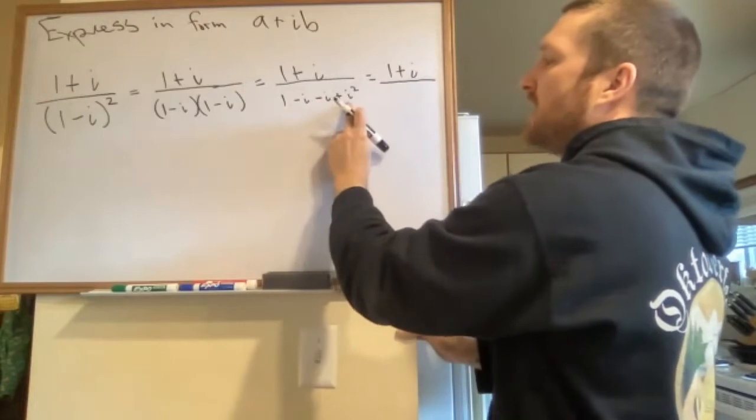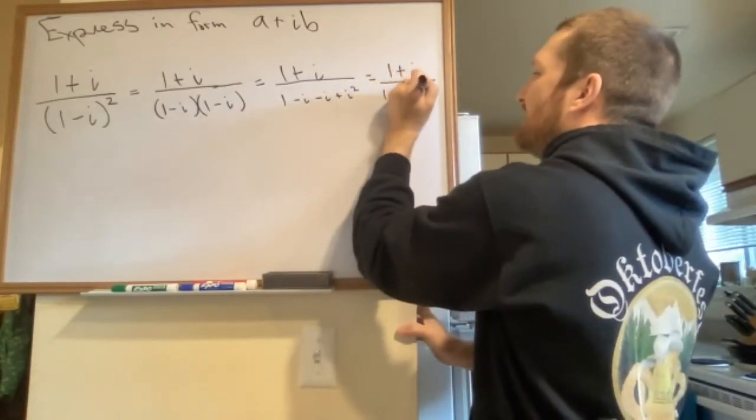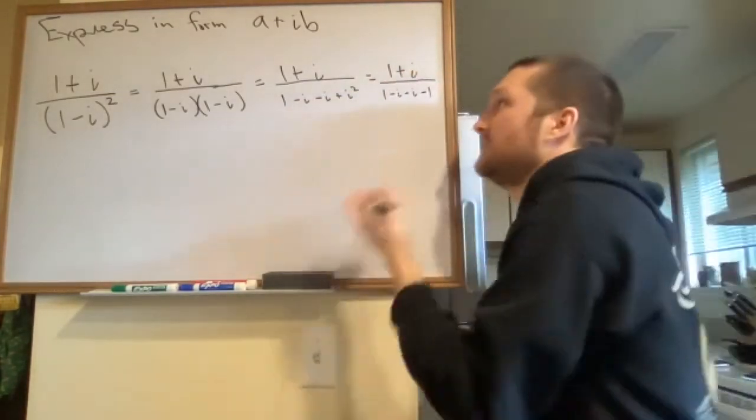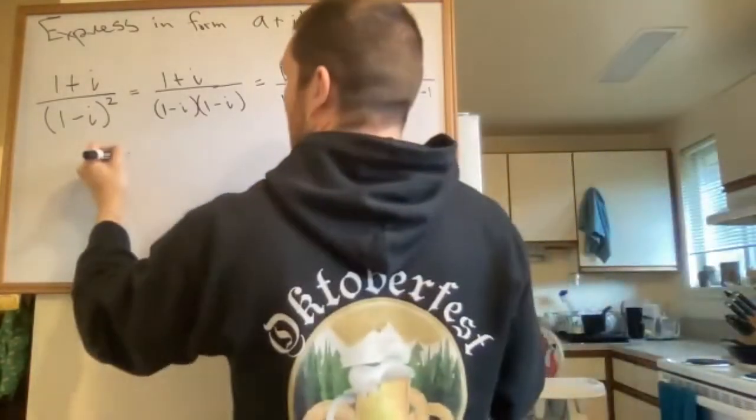1 minus i, and that i squared, I'm going to rewrite as negative 1. I see we have a 1 minus a 1. That's nice.